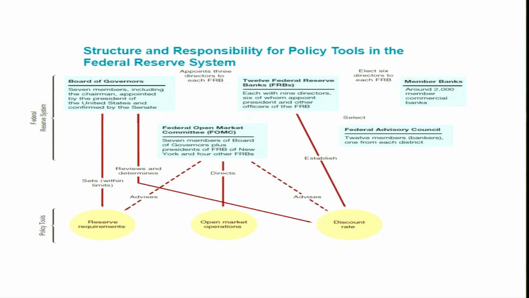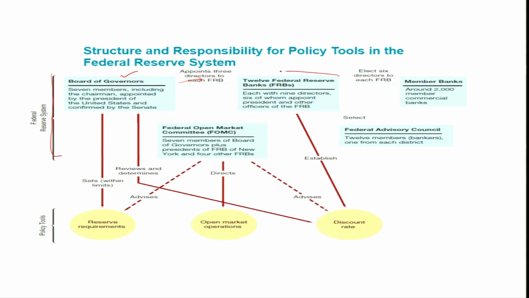This is the structure and the responsibility for policy tools in the Federal Reserve System. You can see the Board of Governors: 7 members including the chairman, appointed by the President of the United States and confirmed by the Senate, who appoint 3 directors to each FRB.